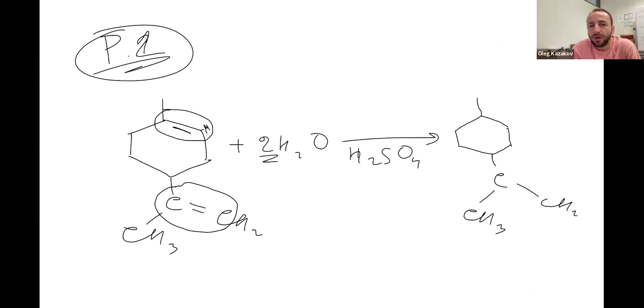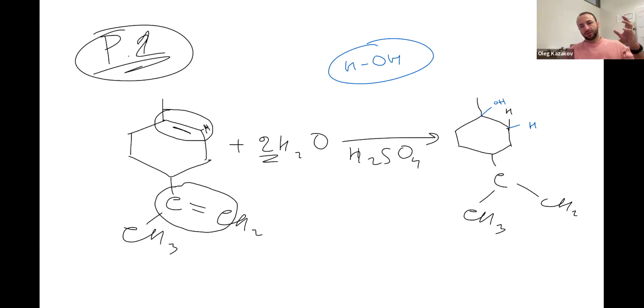So we have our HOH, and here our new H, and in black font we will have our old H. Then the OH, shown in blue, will be attached to the more substituted carbon.